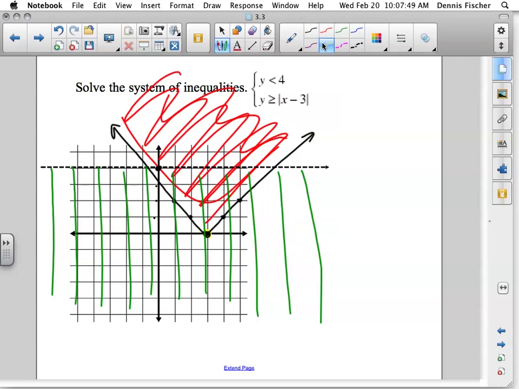Triangle right here. There. So it's going to be the area inside, right? This side, yes. This side, yes. Dotted line, no. Okay? We're looking for that area.